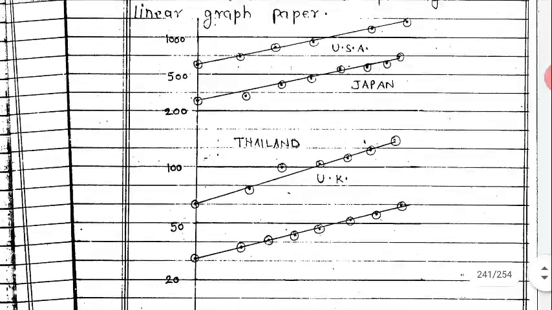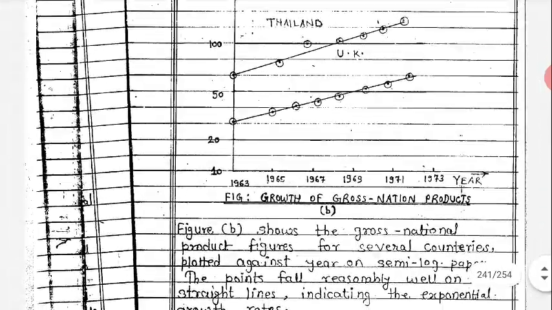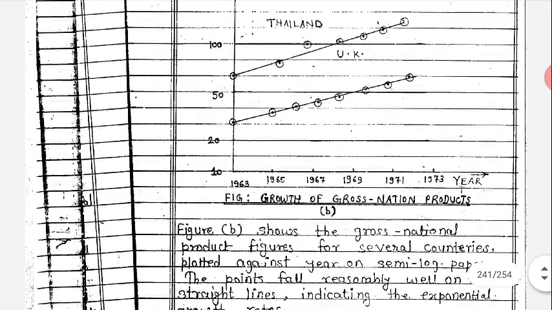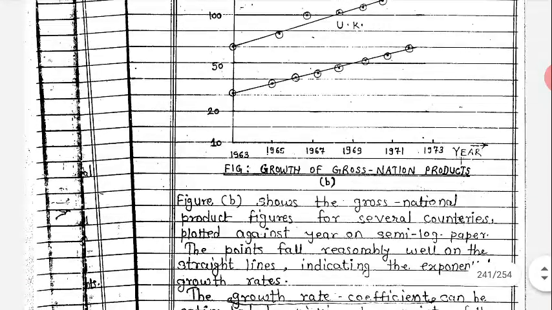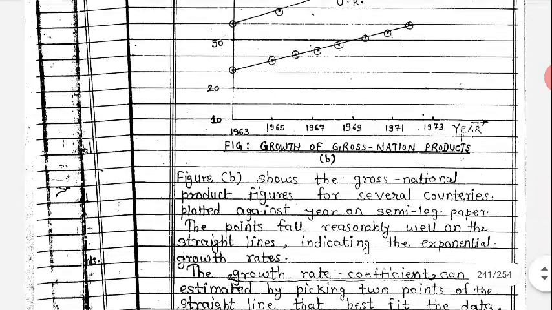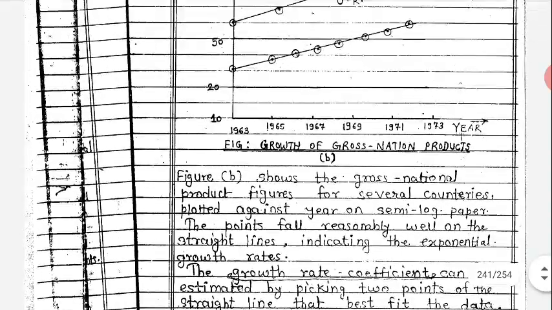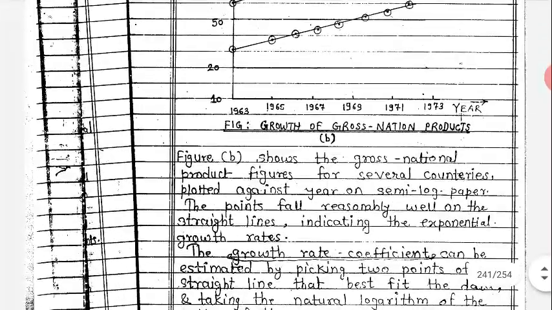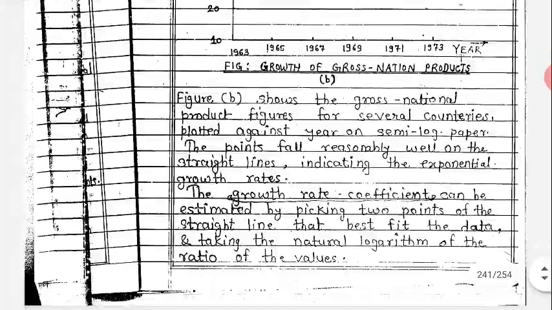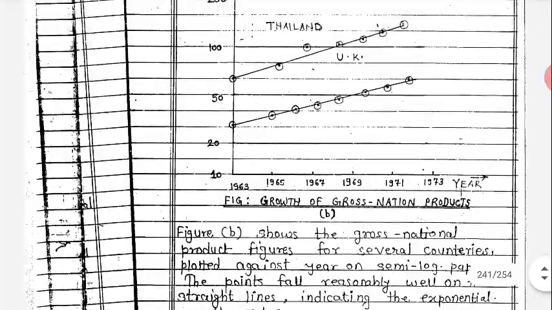Then we can see the growth of gross national product in diagram B, which shows the product figures for several countries plotted against the year on semi-log paper. If the points fall reasonably well on a straight line, this indicates exponential growth, and the growth rate coefficient can be estimated by picking two points on the straight line.